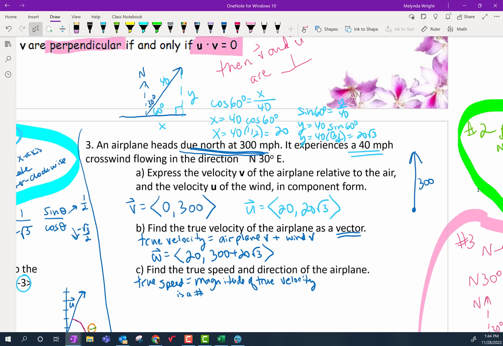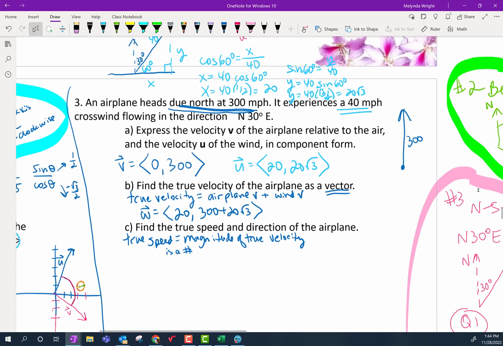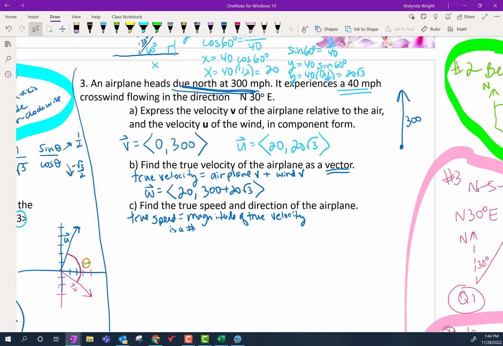Okay? So we'll find that. That's the magnitude. So the magnitude of our true velocity is the square root of 20 squared plus 300 plus 20 root 3 squared. I think y'all are good with radicals in the calculator, so I'm not going to pull the calculator up.